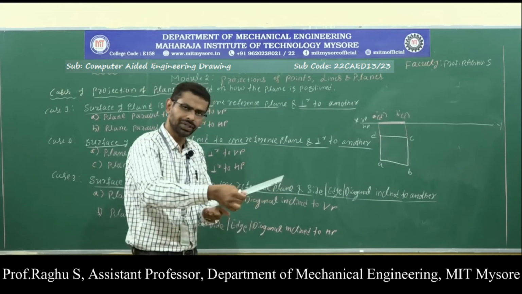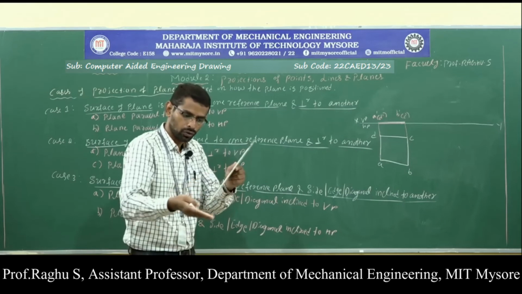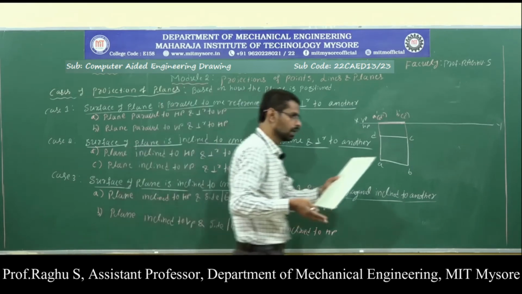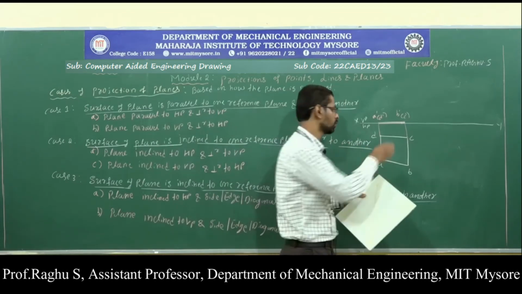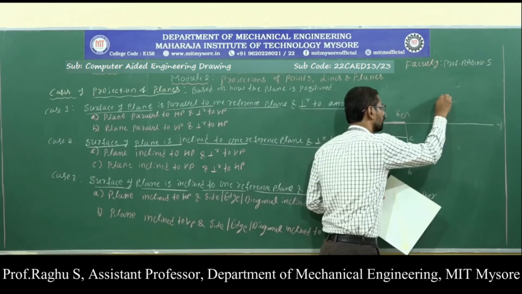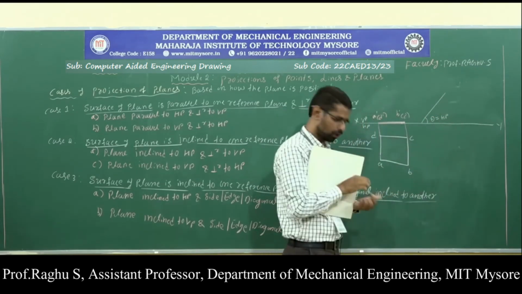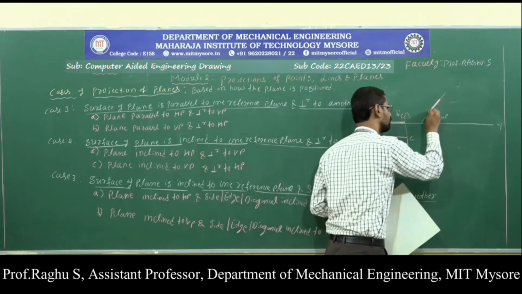Next, consider only the HP inclination, that is the lamina inclination. Tilt the lamina like this. With respect to the resting edge, when you tilt the lamina, the front view length does not change. Draw the HP inclination theta. Now redraw this front view length.